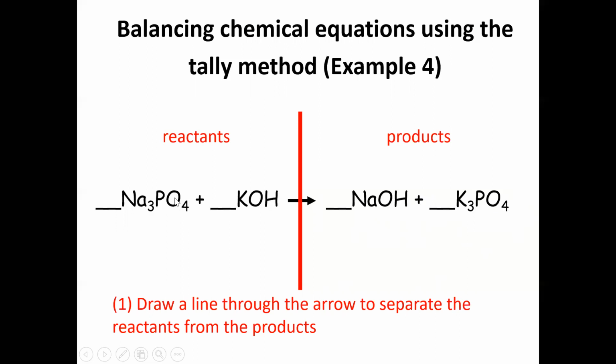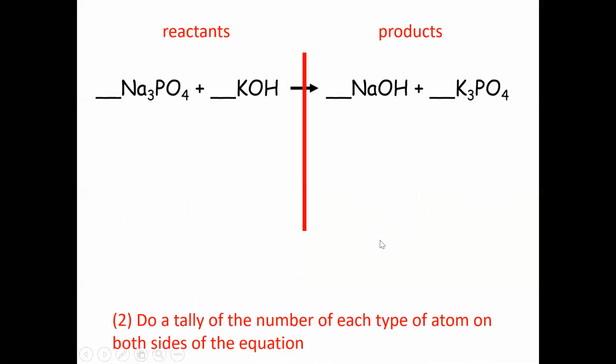Coincidentally, it's also in more than one formula on this side as well, but it wouldn't have to be. If you see that any element appears in more than one compound on the same side, then leave that to last. By the time you've balanced it, it usually sorts itself out, okay? That would make it very difficult if you try to balance oxygen first.